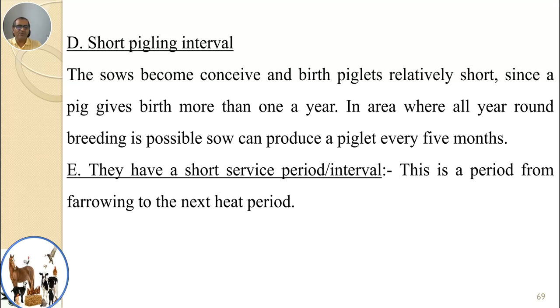And they have a very short service period interval. This is the period from farrowing to the next heat period, whereas it is very, very long, especially in the case of buffaloes. The intercalving period, as we say in cattle, is very long, whereas it is very, very short in these animals, especially the pigs.